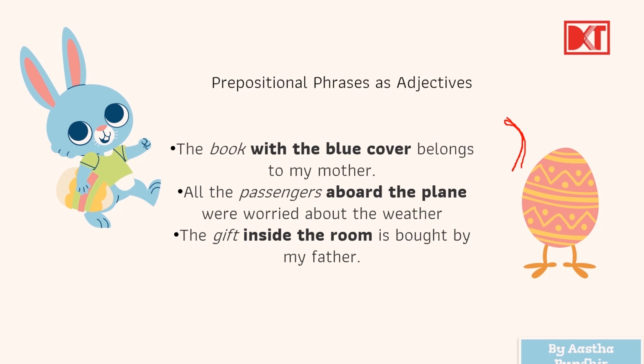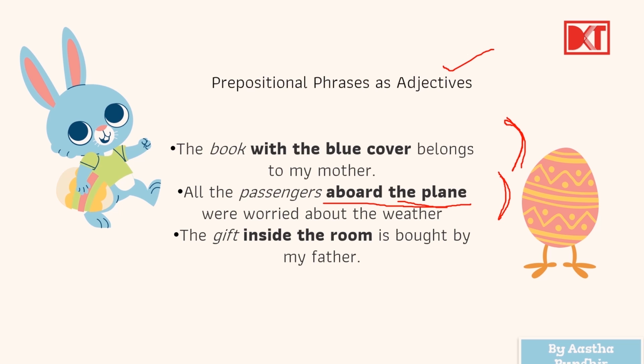Then we have all the passengers aboard the plane. Now here the preposition is aboard, and the plane is the object, which is a noun. So the object could be a noun, pronoun, gerund, or clause. So here we have a noun, aboard the plane. And this prepositional phrase, aboard the plane, is doing what? Is doing the job of an adjective by describing what?